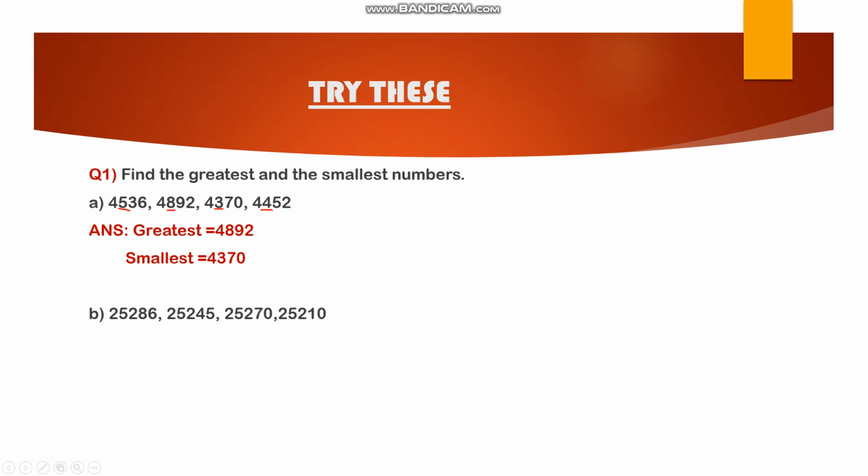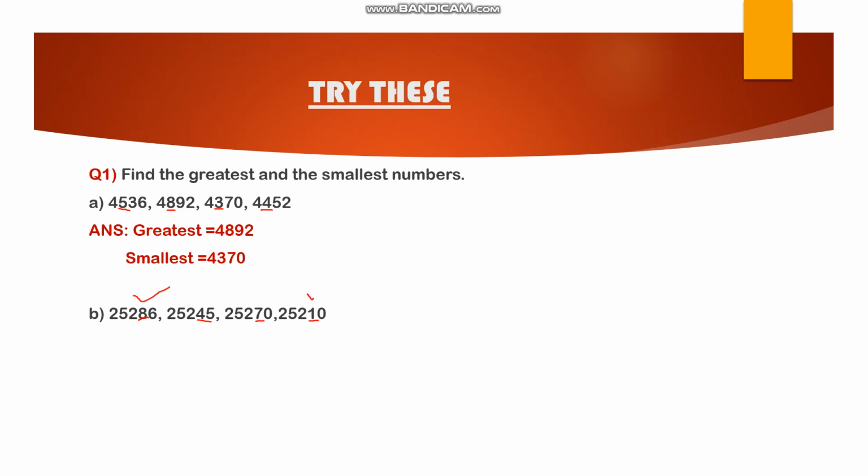That is also the same. So what to do? Check the next place. Here they are 8, 4, 7 and 1. Among these, which is the greater one? Yes, 8 is greater. And which is the smaller one?